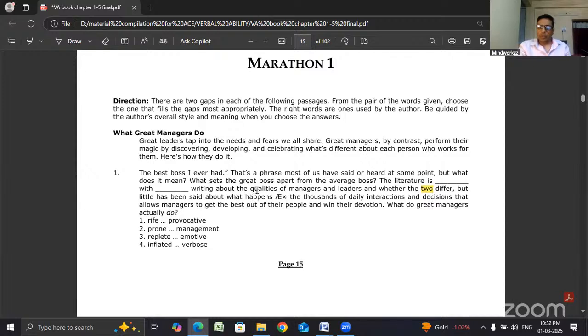So can you figure out the contrast between this line and this line? The literature is replete with writing about something, but little has been said about this. Can you comprehend this?